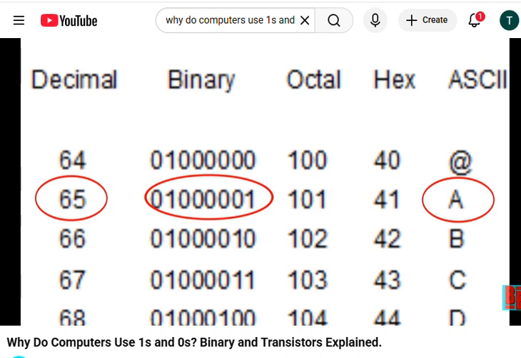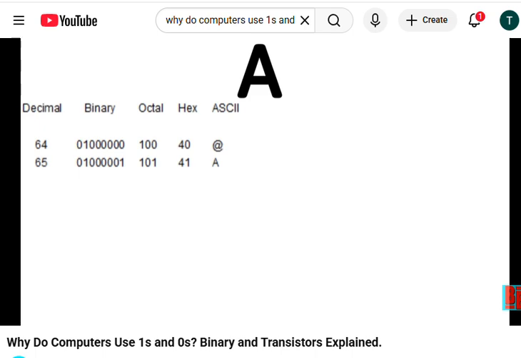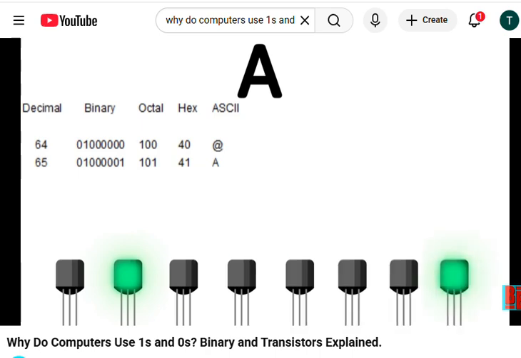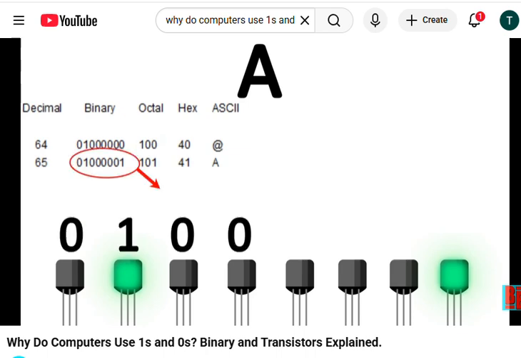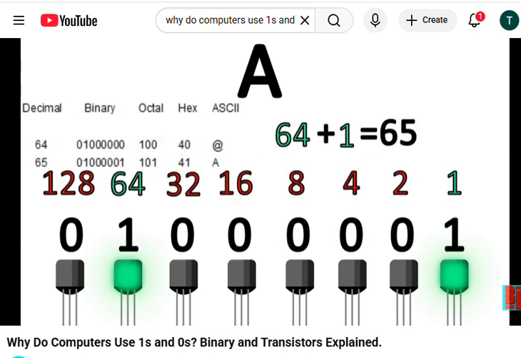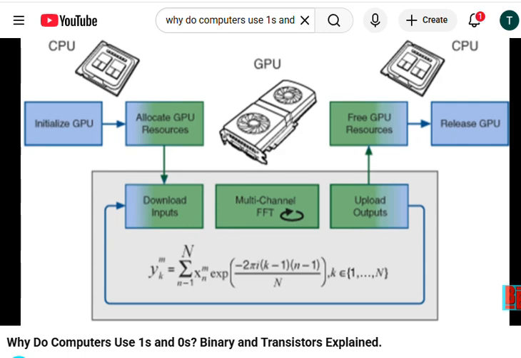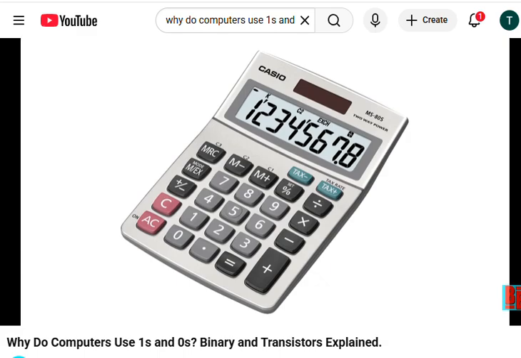So whenever you type in an uppercase A in a word program, a coding program, or a scripting program or whatever, somewhere there's a little tiny row of 8 transistors arranged in the pattern of off, on, off, off, off, off, off, on, which represents 0, 1, 0, 0, 0, 0, 0, 1 in binary, which is interpreted as 65 in base 10, which is converted by ASCII into an uppercase A. You're likely starting to get a feel for the staggering amount of transistors required to write something as simple as a Facebook status, let alone all the different coding that your computer has to do to make the screen light up, play games, calculate massive values, and so on.